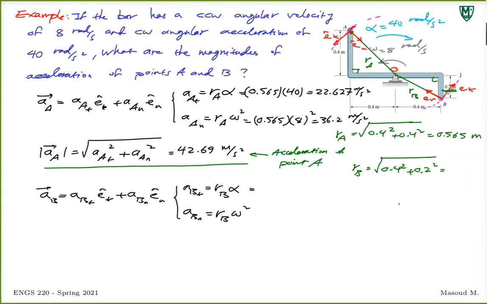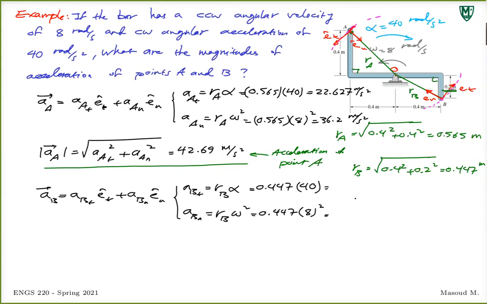So that'll be 0.447 meters. Once you have that, these two are just plugging in the values. 0.447 multiplied by alpha, which is 40, and then RB, 0.447, multiplied by omega, which is 8, squared.